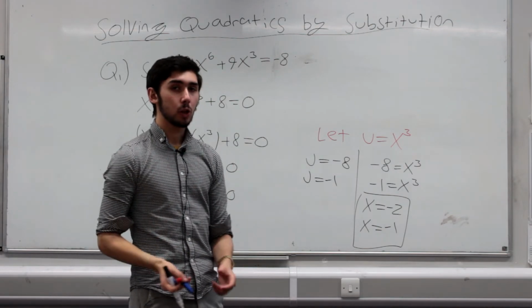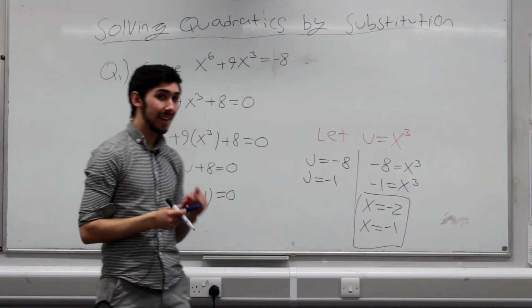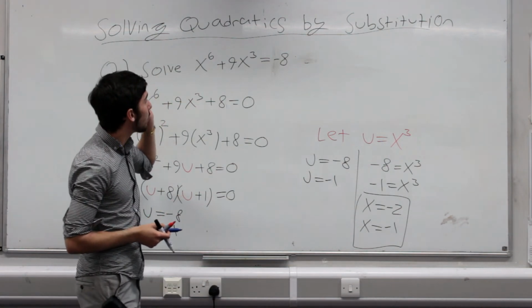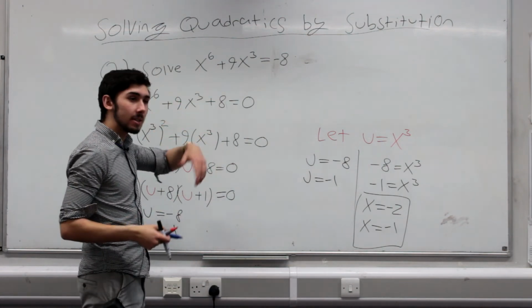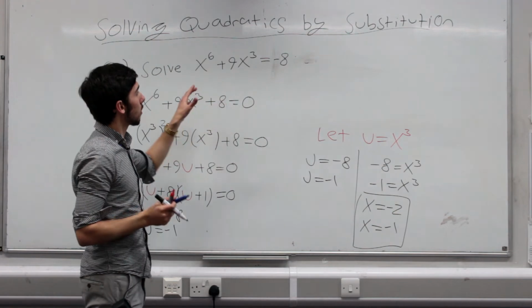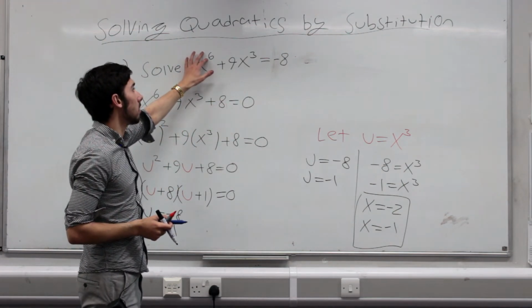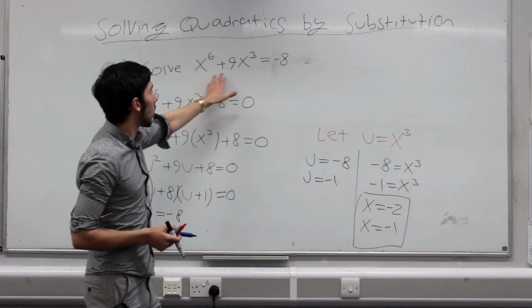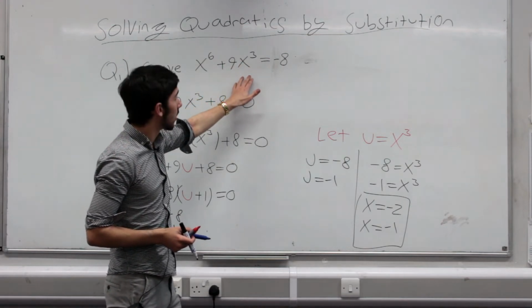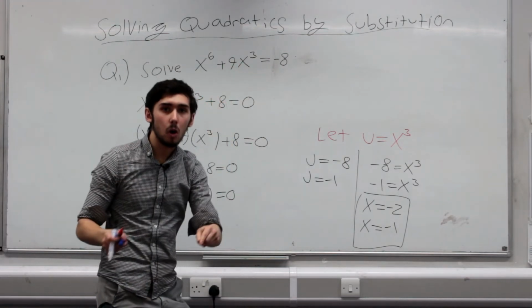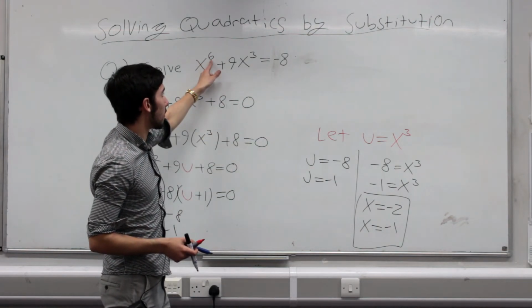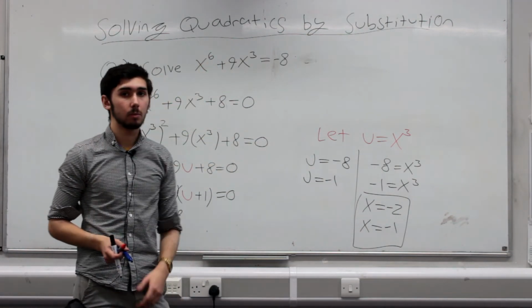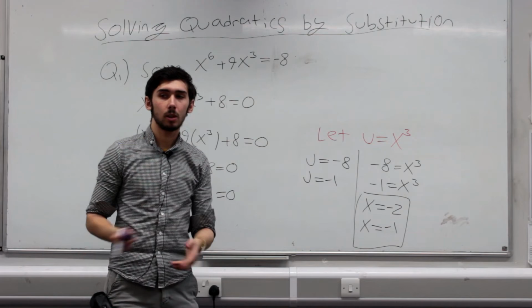In general, you can do this method if you have an x, or maybe it's a t, or any letter you want, something to the power of a number, doesn't matter what the number is, plus something else times x, or whatever your variable is, to the power of half of the first number, plus a constant equals 0.